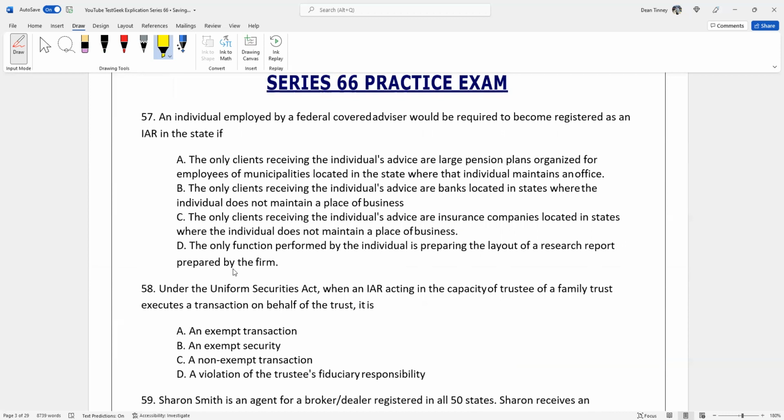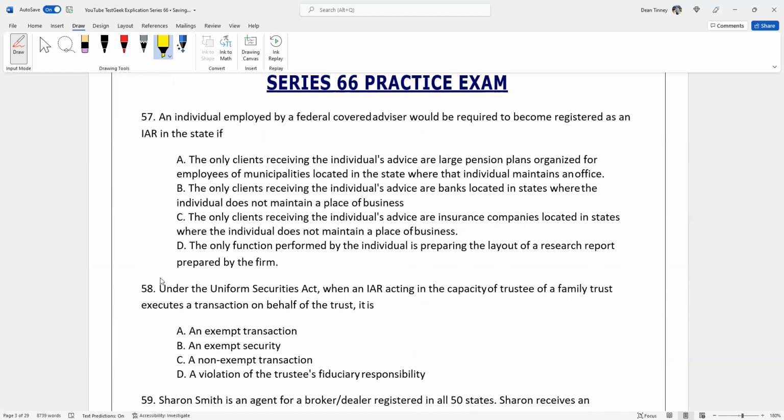An individual employed by a federally covered advisor would be required to become registered as an investment advisor representative in the state if the only clients receiving the individual's advice are large pension plans. By the way, when you've got a big answer set like this, I like to slow down and start again slowly.